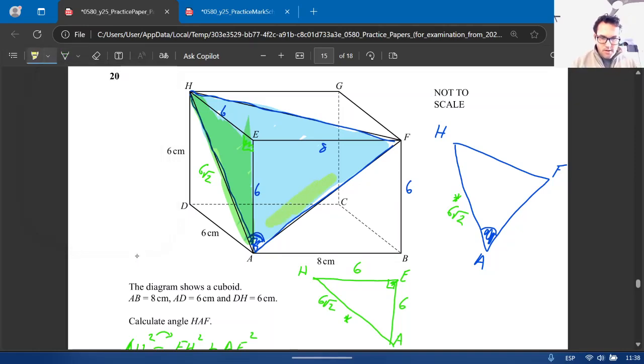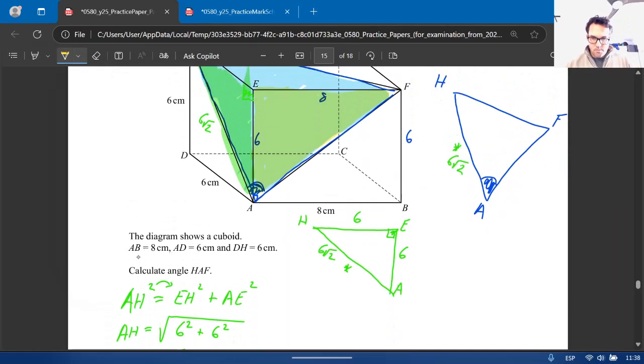We have this triangle here, the one on the front face. See that? That is the triangle. I'm going to put it down here like this, going from E to F to A. And in that triangle, we know we've got a right angle here because it's on the front face.